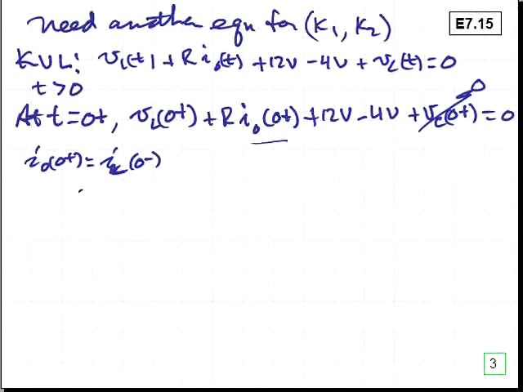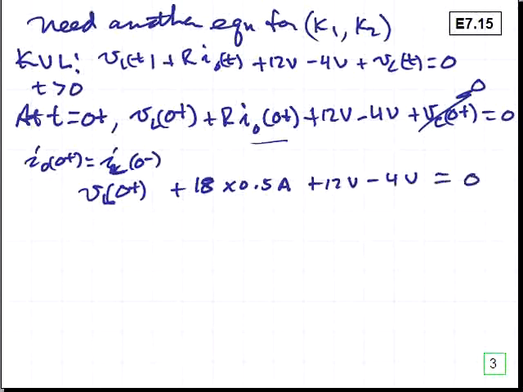So we can write our KVL equation at 0 plus as VL at 0 plus plus 18 times 0.5 amperes for the R I0 term plus 12 volts minus 4 volts is equal to 0, or V sub L at 0 plus is equal to minus 17 volts.